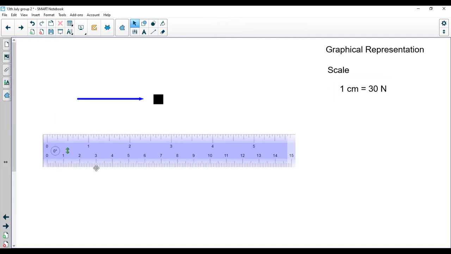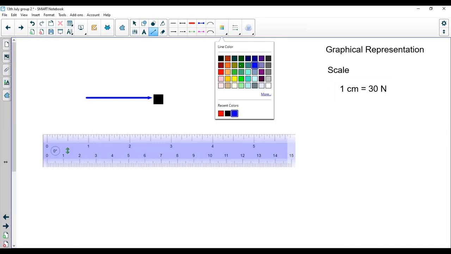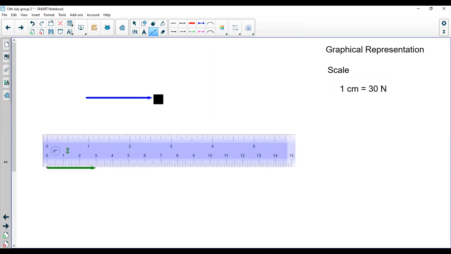This is 40 Newton. And I use a green force that acts on the same object, but I draw it 3 centimeter long. If I have drawn it 3 centimeter long, what do you think its magnitude is?